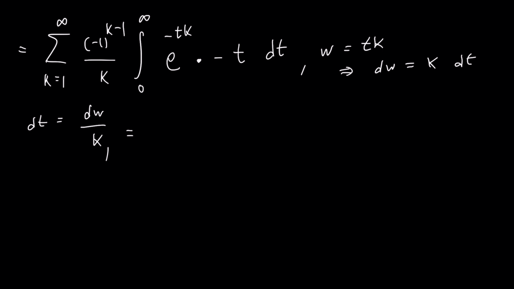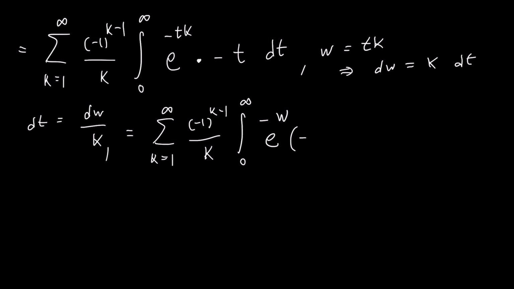So we're left with the sum from 1 to infinity, negative 1 to the k minus 1 over k, the integral from 0 to infinity of e to the minus w times negative t. If we solve for t, we have that w over k equals t. So minus w over k, and dt will be dw over k.